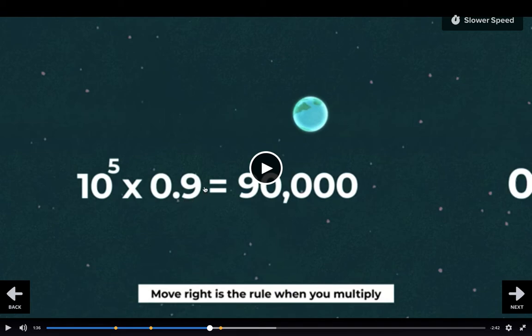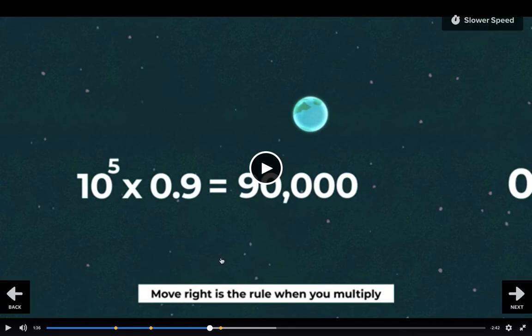If I don't have zeros, I can count spaces where I'll add them in. So if this is my 0.9, and I have to move it 5 places over, I'm going to go 1, 2, 3, 4, 5, and my invisible decimal point would be here, which leaves me with the number 90,000.